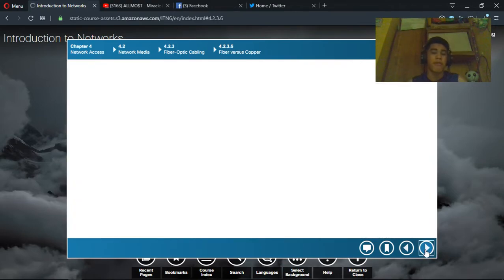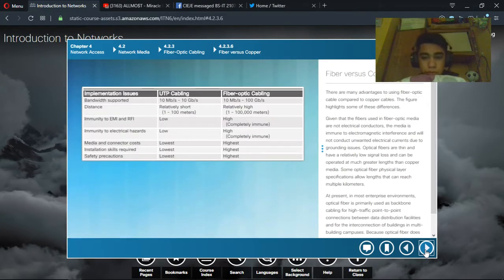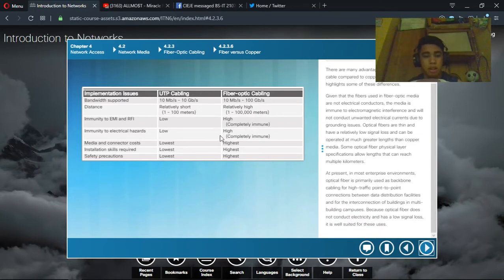Let's proceed. Fiber versus copper. Fiber optic cabling is much better than UTP cabling. As we can see here, UTP cabling has a very low supported bandwidth, 10 Mbps to 10 Gbps, while fiber is 10 Mbps to 100 Gbps.